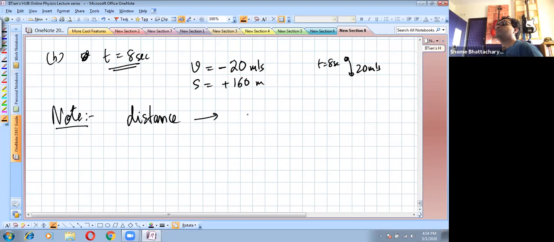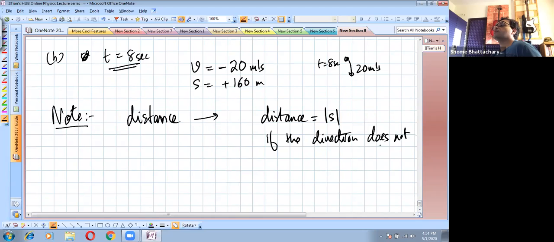Now this distance will be equal to the magnitude of displacement if the direction does not change, or does not reverse, during the motion. Okay, so that is what is happening in the first part.